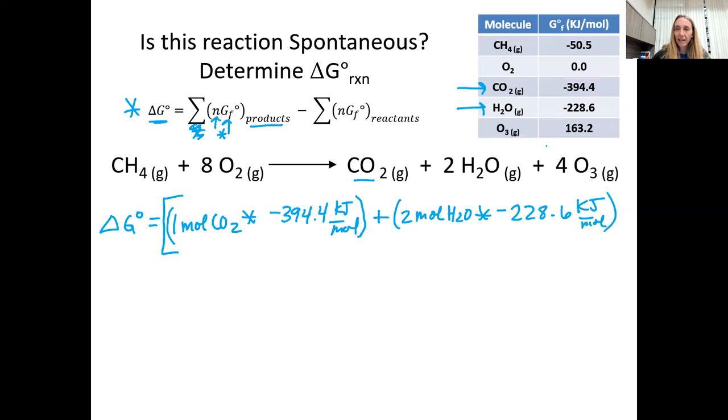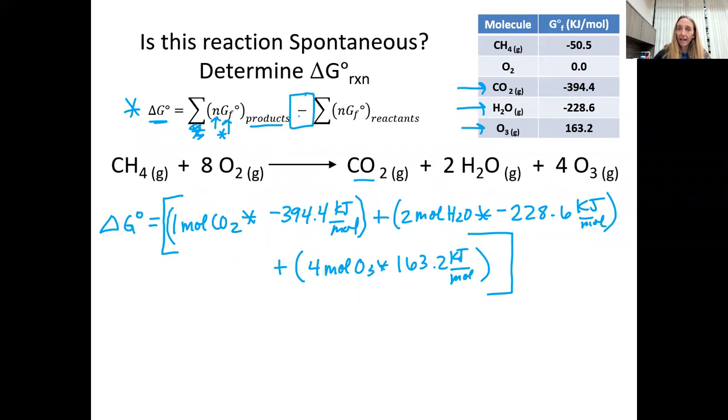I put a parenthesis, and my last one is ozone. So I'm going to add 4 moles of ozone multiplied by 163.2 kilojoules per mole. Now I'm going to end that bracket because I have gone through and done all of the products.